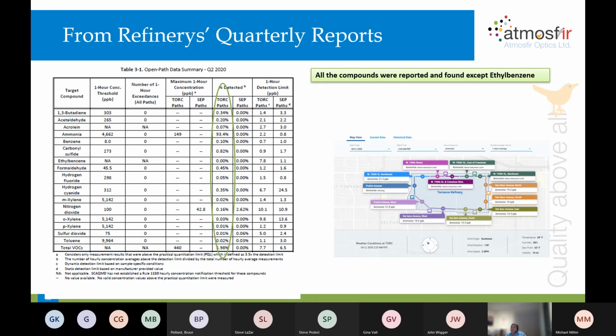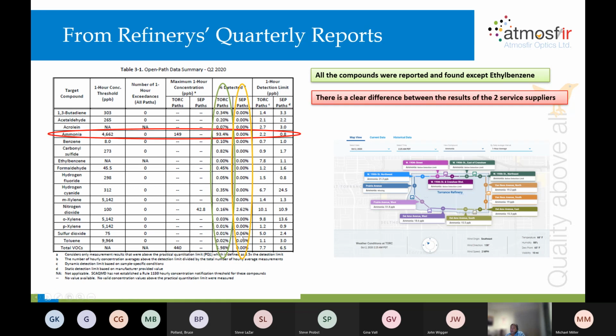Again, something even more shocking was that one of the service providers found all the compounds. Most of the time he found ammonia, and he found quite a lot of total VOC going out of refineries, which is logical. But the other service provider almost didn't find anything, and also no VOC going out of the refineries. And this puts the data in question.